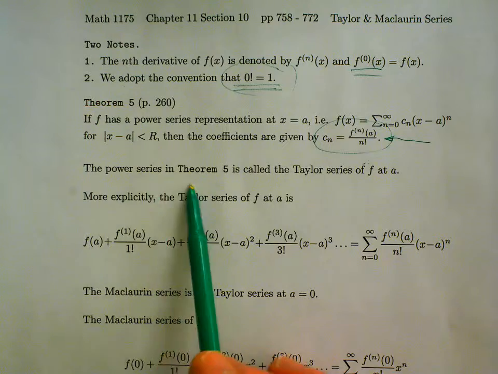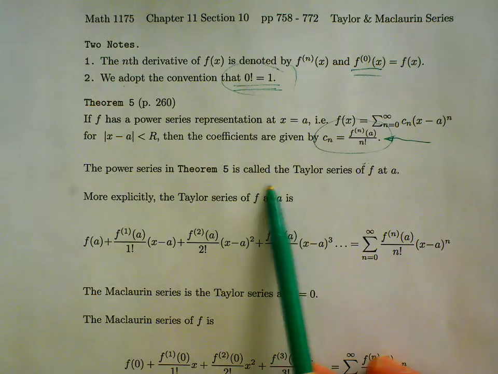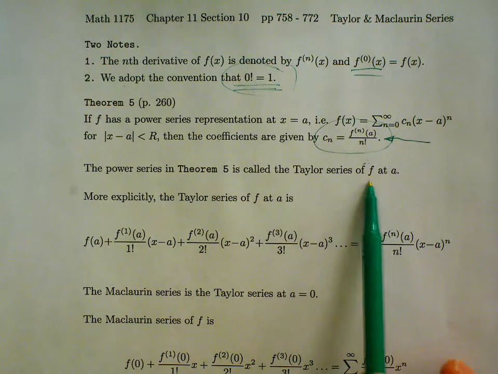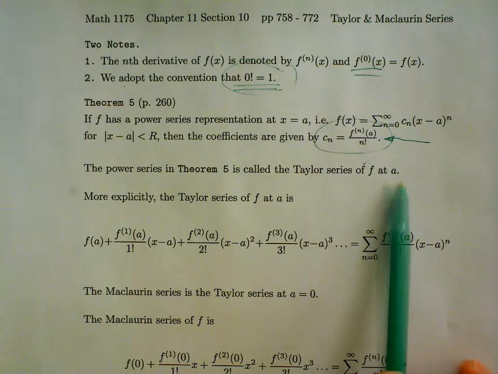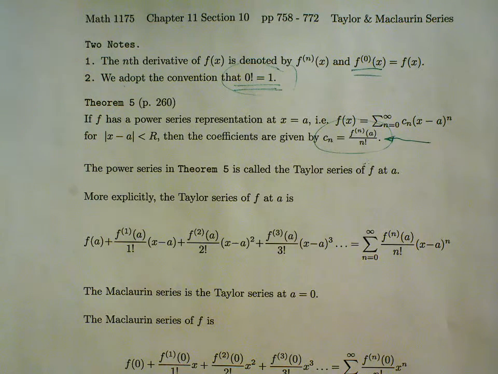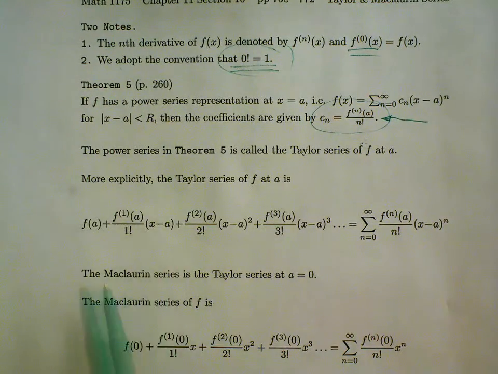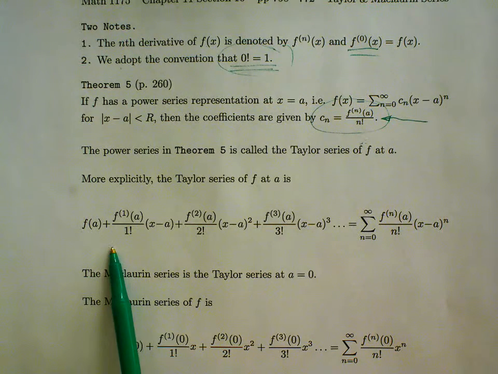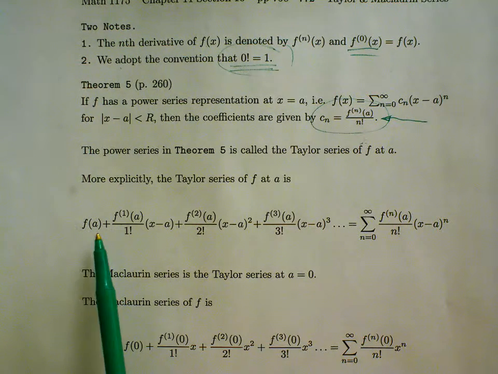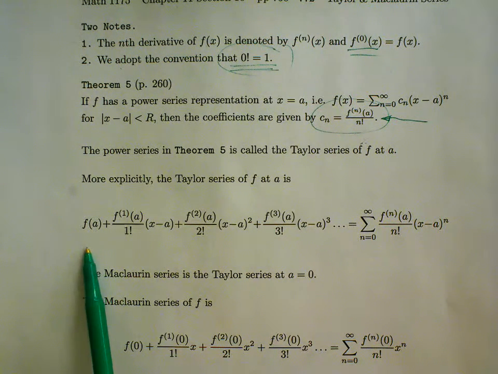This power series in Theorem 5 is called the Taylor series of the function f at a. So more explicitly, the Taylor series of f at a, if you expand it, looks like this. f of a, I could have put, we divide this by 0 factorial, but it's okay.